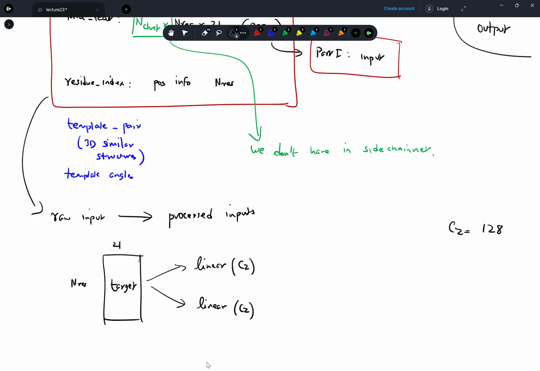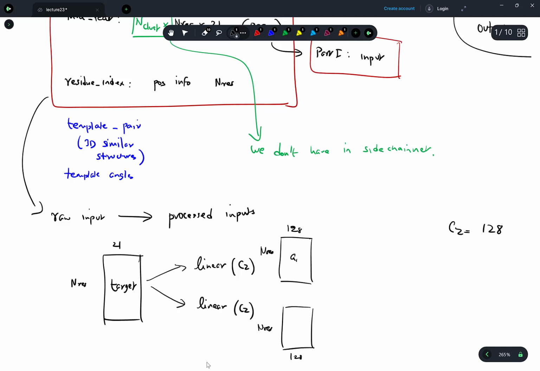This is a very simple linear layer: the input is n by 21, the output is n by 128. This gives me n by 128, and this gives me n by 128. We call these AI and BJ. Every row here is AI, every row here is BJ. I'm just using two different indices, but essentially it's the same length, n by 128, n by 128.